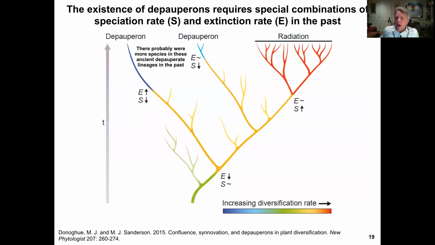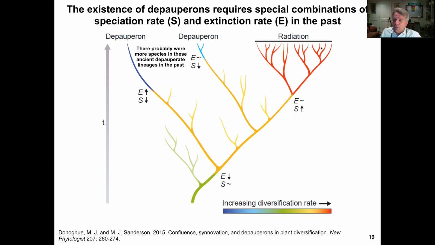So what's going on? How do we get depauperons? Well, the way we get depauperons is thinking about the dynamics of speciation and extinction. And what we're showing here on this tree is if we're increasing the diversification rate, remember, the net of speciation and extinction is diversification.